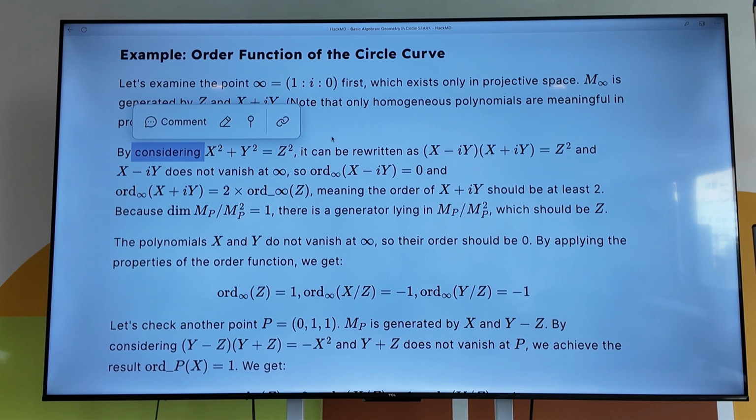So the order of x minus iy at infinity is 0.